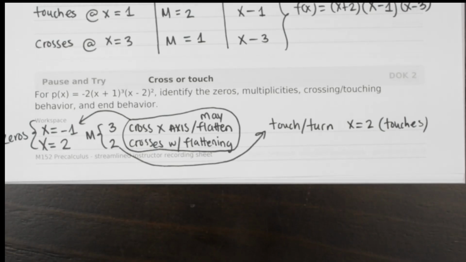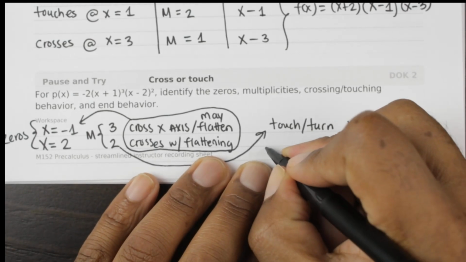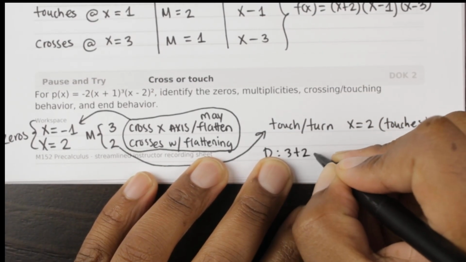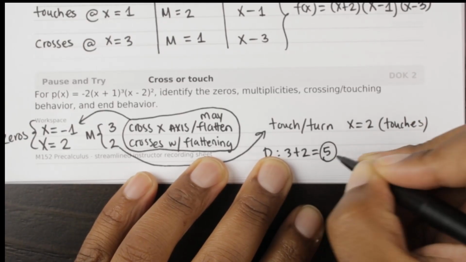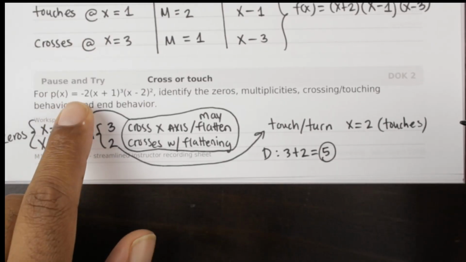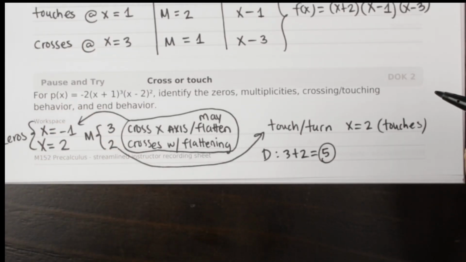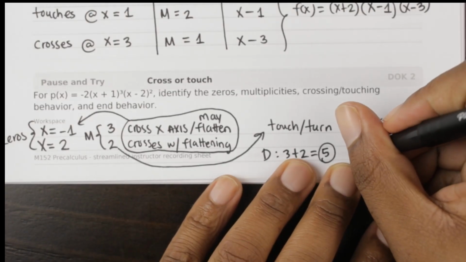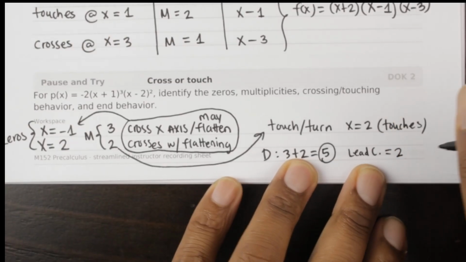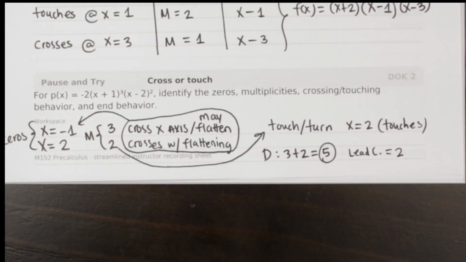Now, it says also determine end behavior. So the degree is 3 plus 2, 5. And the leading coefficient is going to be -2 in this case. So this is an odd degree polynomial with a negative leading coefficient.